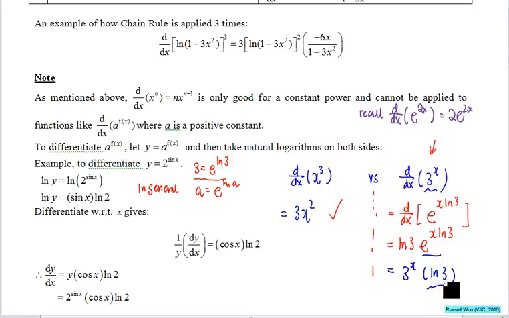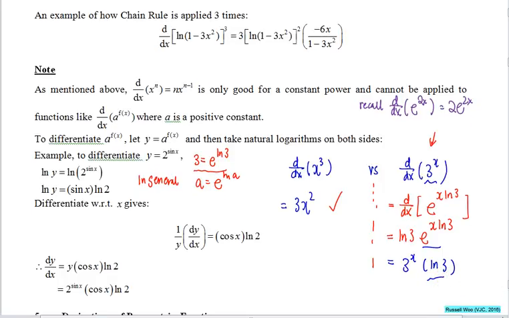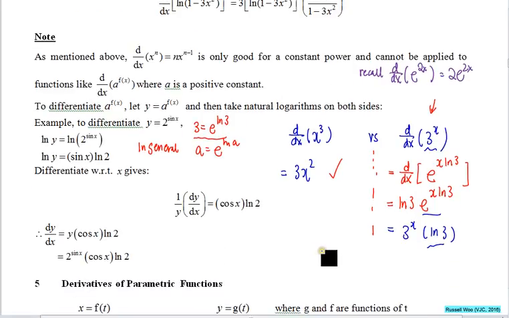So if you indeed want to memorize, it is this. In general, you differentiate a to the power of x, you get a^x ln a. Right?